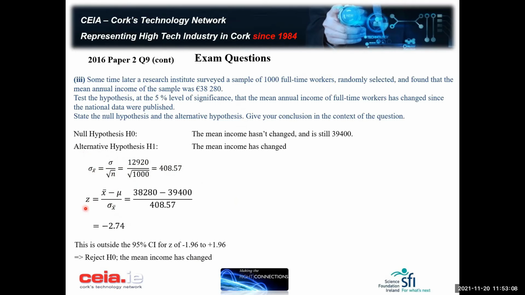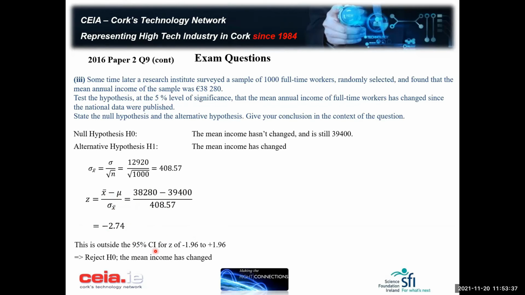So the Z score for this value we can work out: we subtract our mu from our X and divide by our standard deviation. We get a Z score of minus 2.74.